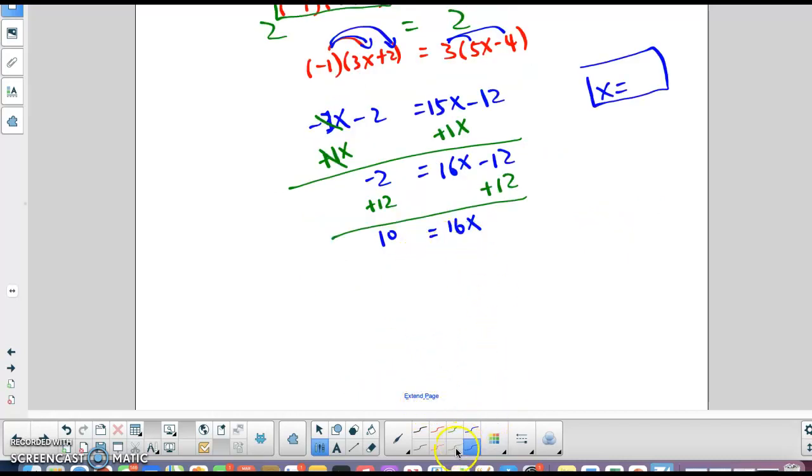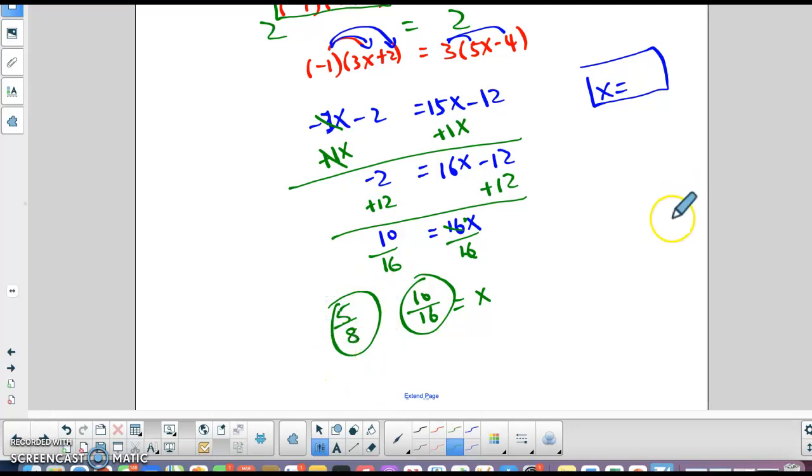Divide both sides by 16, because this is a multiplication between them. And this is gone. You have an x by itself. 10 over 16. This you can simplify because you don't have that choice. That means you need to simplify. Reduce the number into 5 over 8. This is our answer.